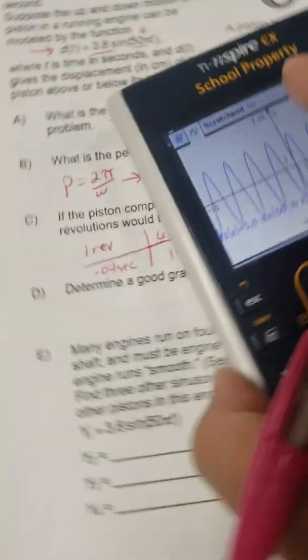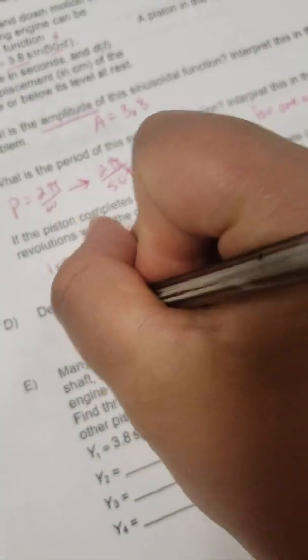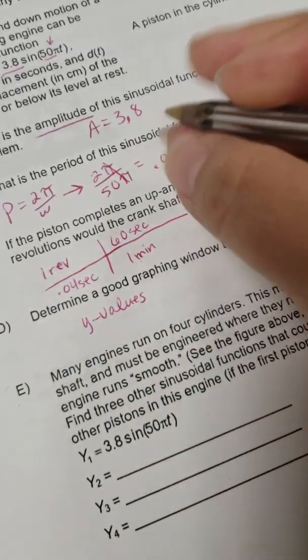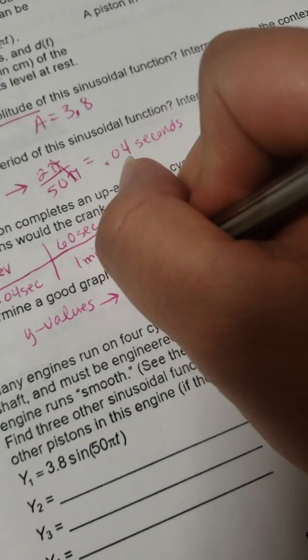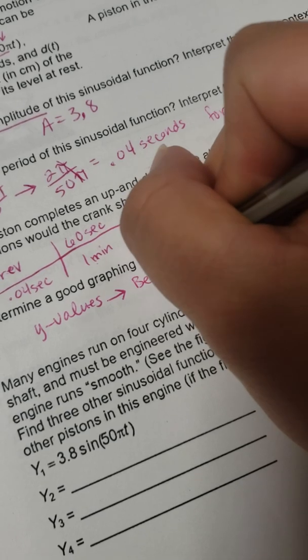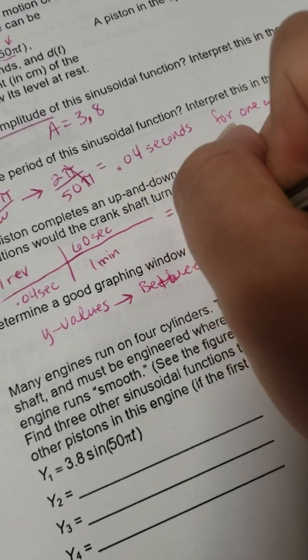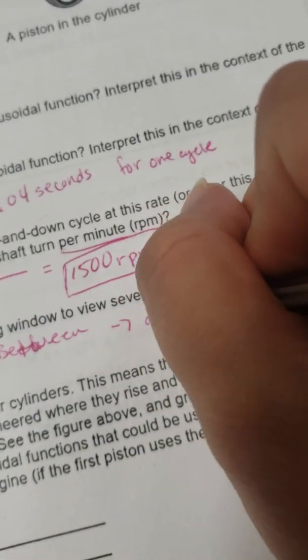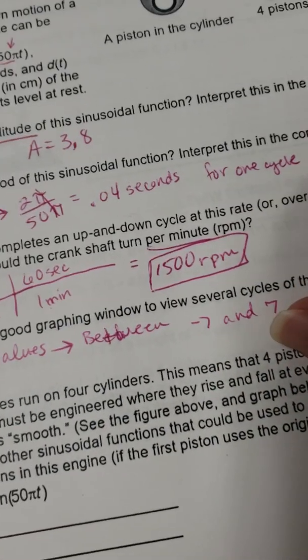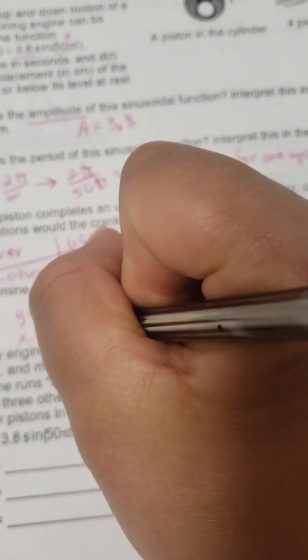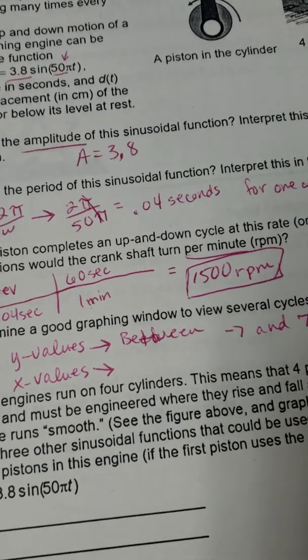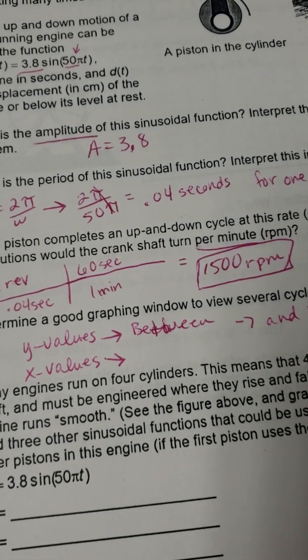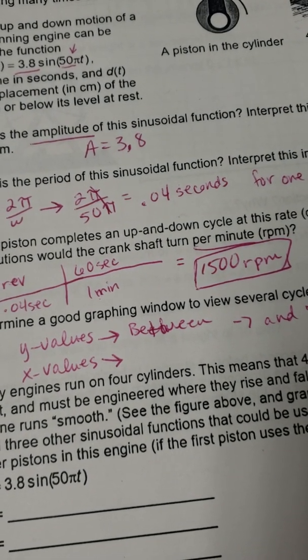So for my range, so my y values, we can say between, let's say -7 and +7, okay. For the x values, because this is a word problem, we can't exactly start at 0, okay? So I'm going to go ahead and just say from 0 on.